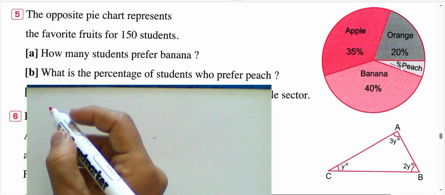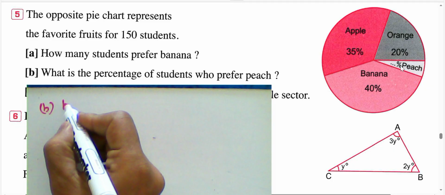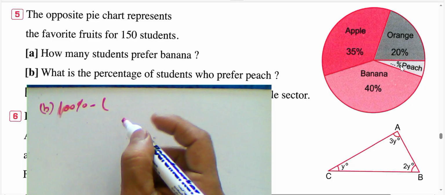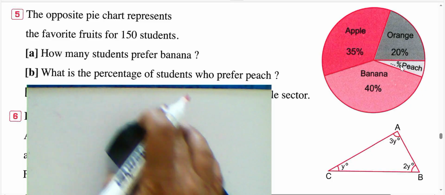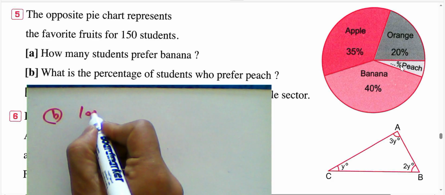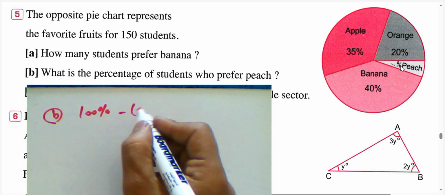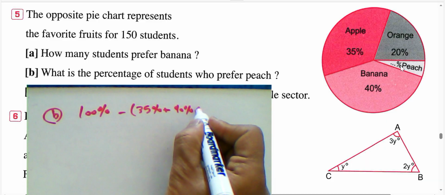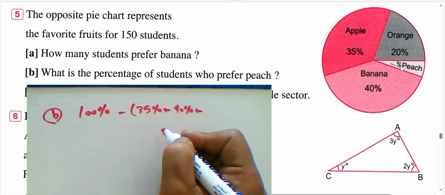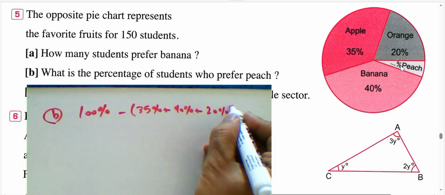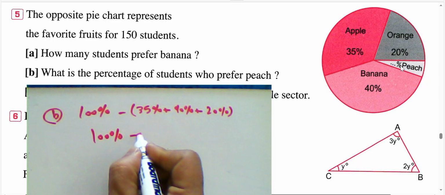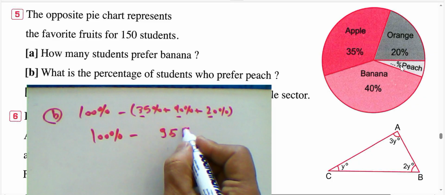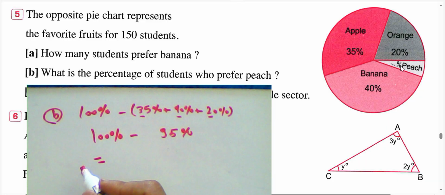Okay, you want to find the percentage for letter B. Write 100%, subtract the sum of all percentages here: 35% and also 40% and 20. Write 100%, subtract: 0 plus 5 is 5, 2 plus 4 is 6, 6 plus 3 is 9. Then the result will be 5%.